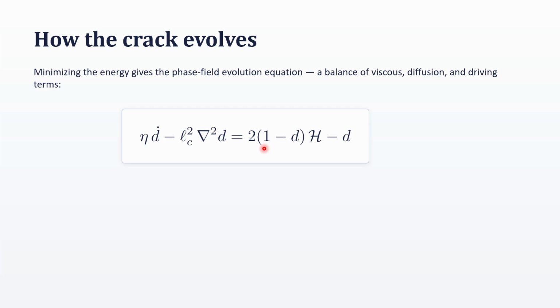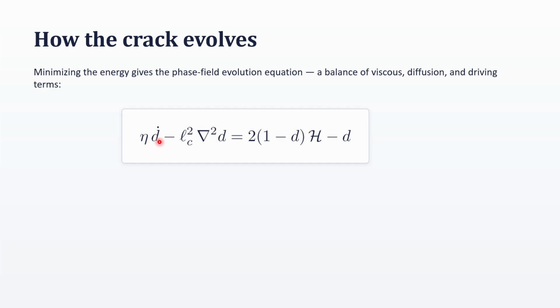So you cannot simulate them using static analysis; you have to use dynamic. By the same process by which you derive the static phase field governing equation, you also derive the dynamic phase field governing equation, where an extra term comes. This extra term is eta d dot. d dot is the evolution of the phase field, multiplied by a viscosity parameter eta. So what does this viscosity parameter do?